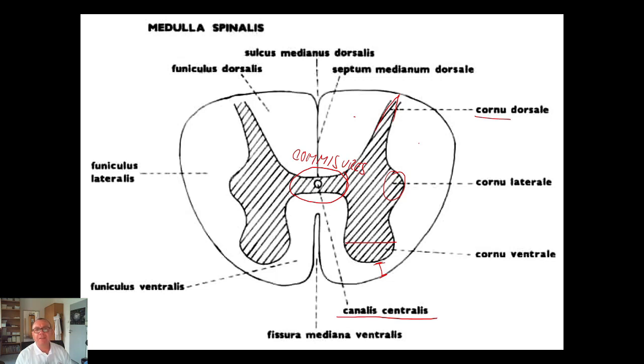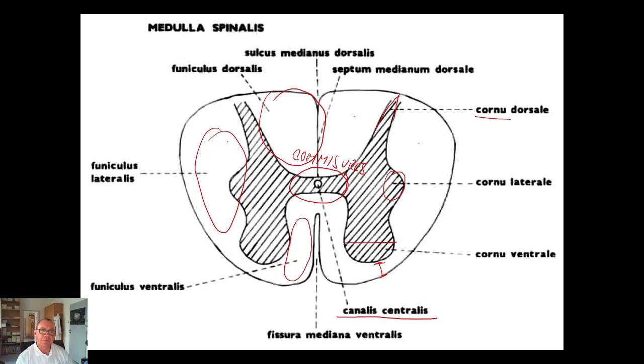White matter is divided into three funicles, of course symmetrically in both halves of the spinal cord. There is a dorsal funicle, lateral funicle, and ventral funicle. Ventral and lateral funicles are connected around the ventral horn.